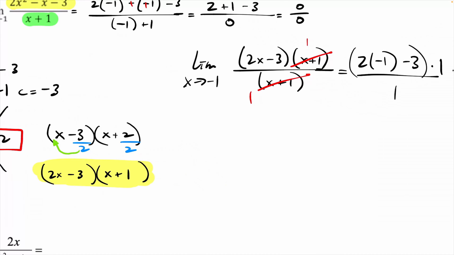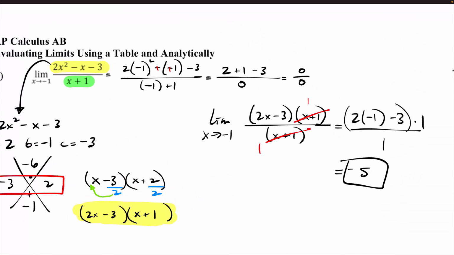That's just a 1 and a 1. So those guys aren't going to do anything. So what do we get? -2 minus 3, we get -5, right? That's the limit. Once we stop getting 0 over 0, we're done.